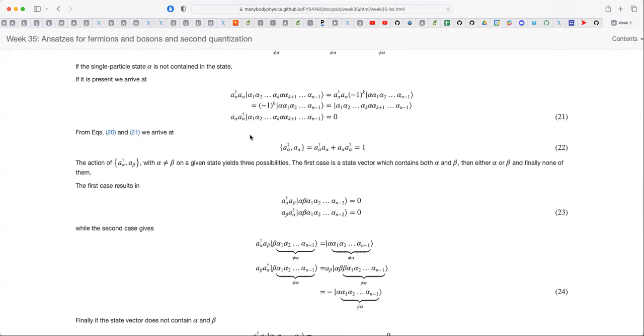If I add these two equations, I can then define this anti-commutation relation with the same state in the creation operator and the same state in the annihilation operator. So that's the case if the two states are the same. And then we need to look at the case where we don't have alpha equal to beta, but we have alpha and beta being different.